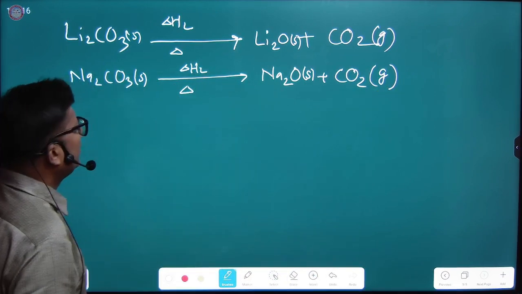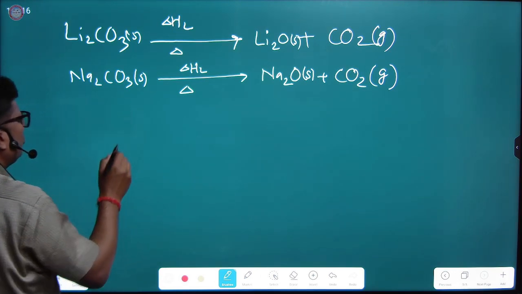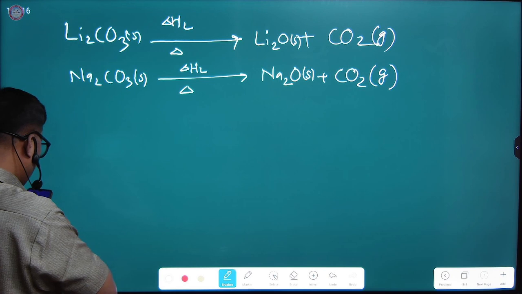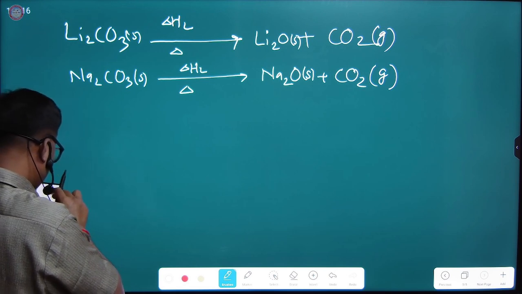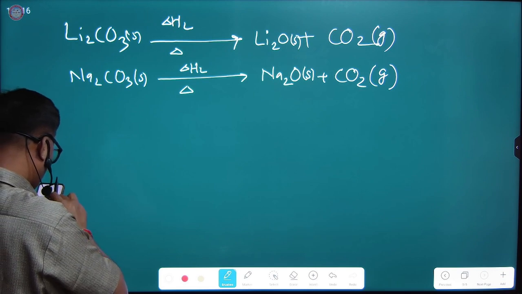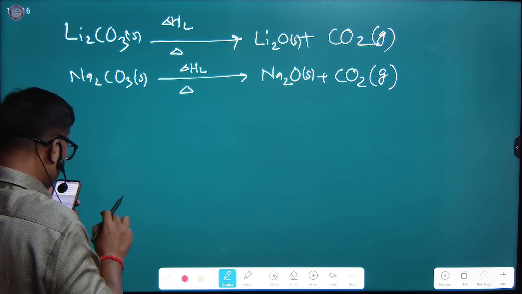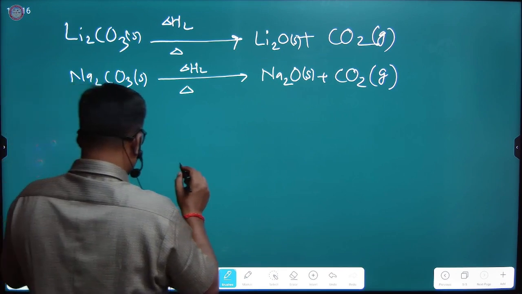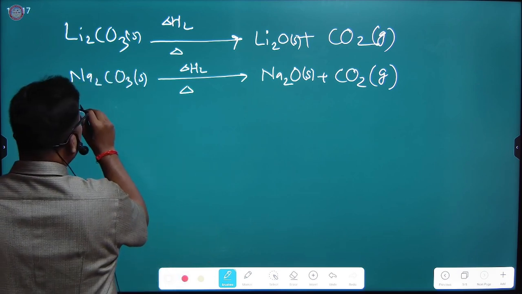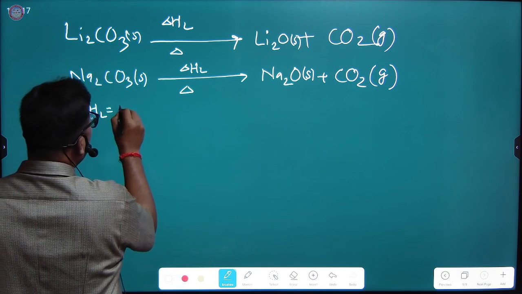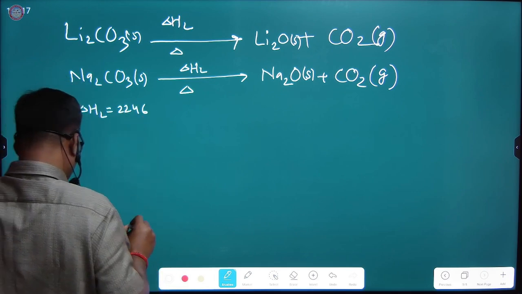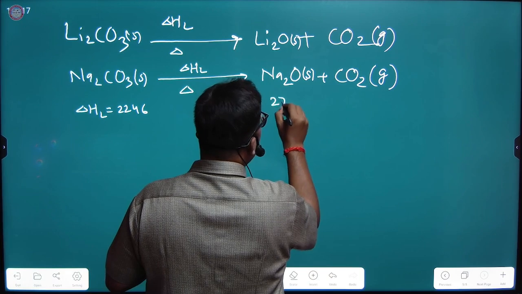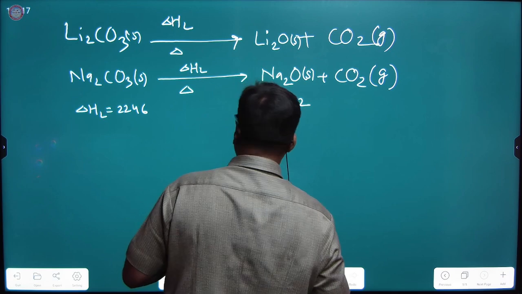The lattice enthalpy of sodium carbonate, we have theoretically calculated like that: delta HL is 2246 kilojoule per mole for sodium carbonate, and for sodium oxide it is 2732 kilojoule per mole.